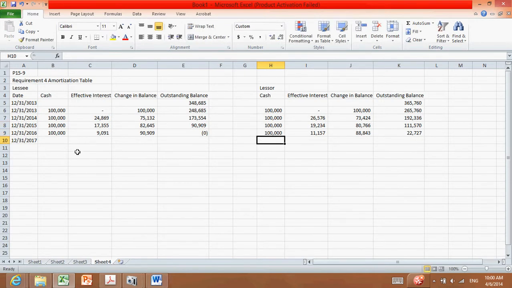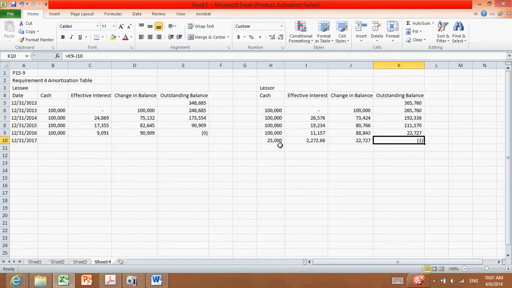For the last payment, at the end of 2017, the lessor expects to receive $25,000 of residual value of the returned equipment. So interest revenue will still use the outstanding balance multiplied by the 10% interest rate, and the difference between the residual value and interest revenue will decrease my receivable to 0.